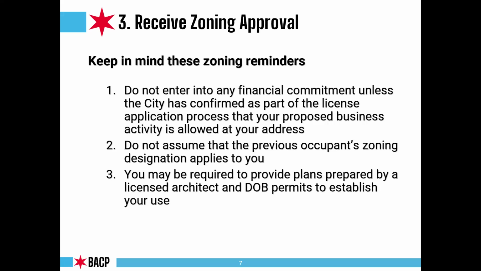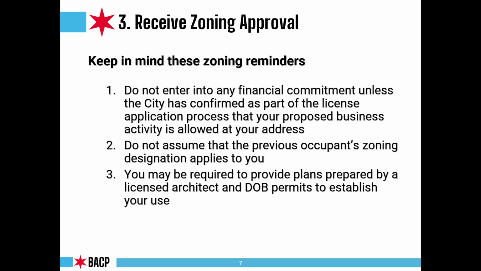So for example, if you're taking over a hair salon, don't assume that because it was previously a hair salon you'll be able to conduct a hair salon there as well. Again, you want to check with us first. There are certain license types that require special use. An example of this is, again, a hair salon.